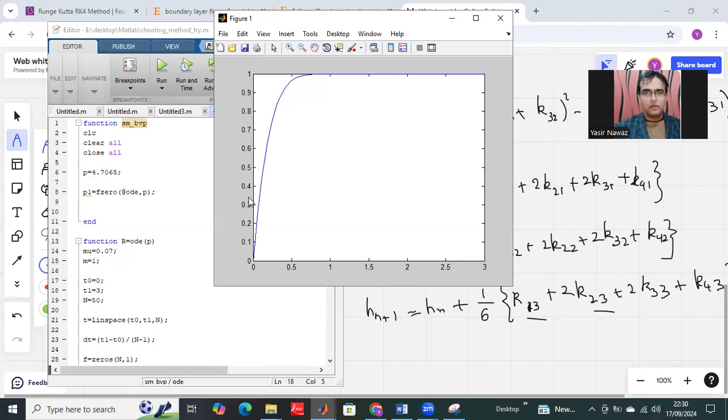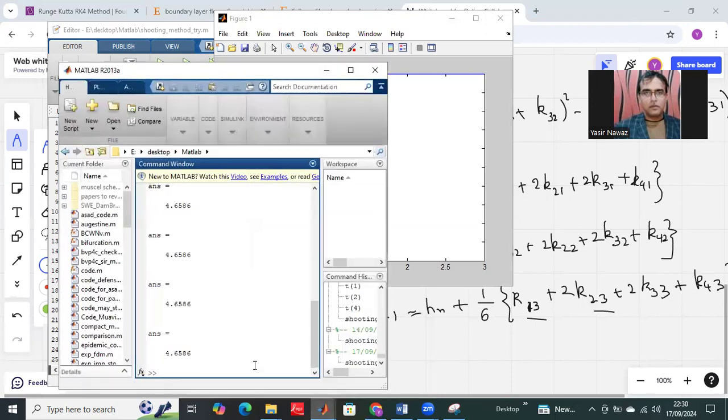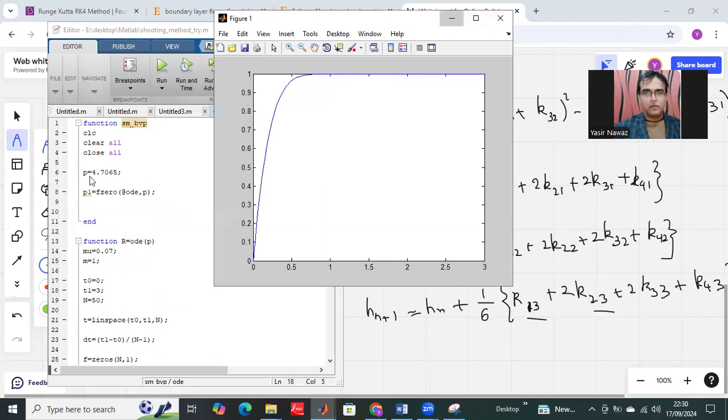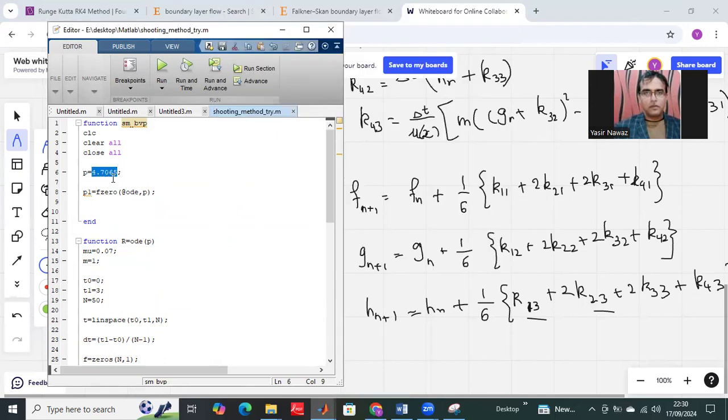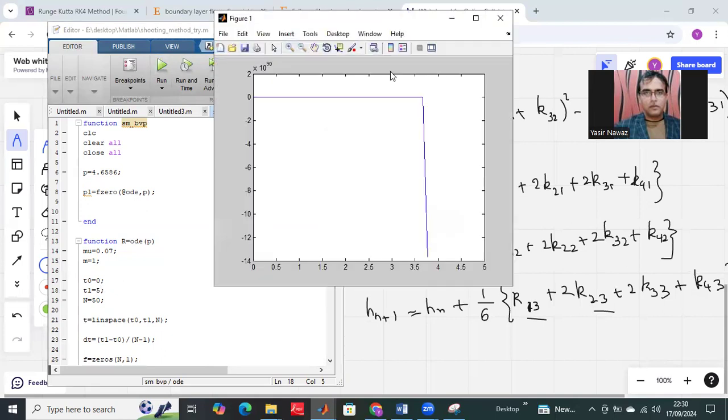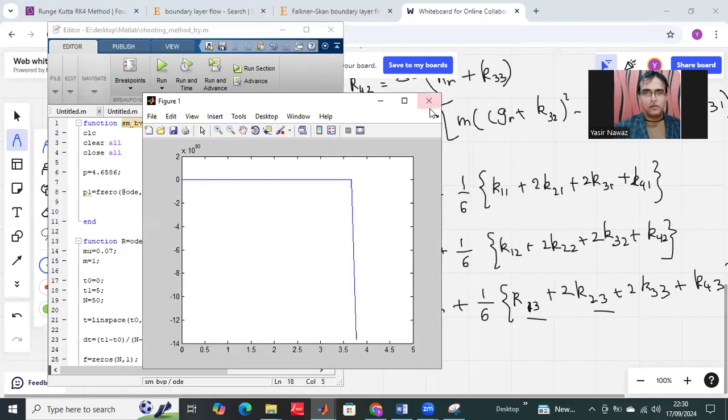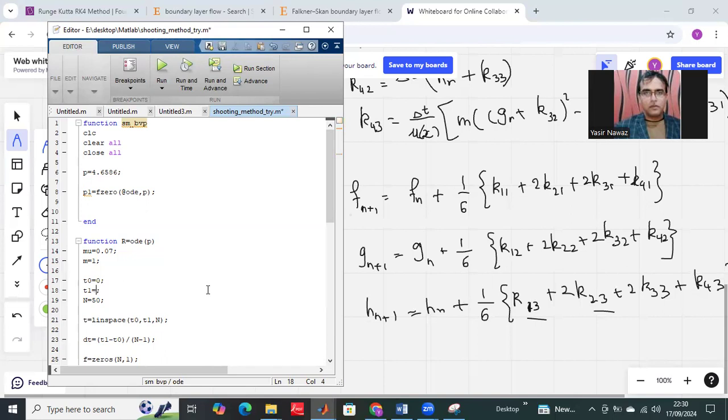So this is the solution. So this is the updated initial condition. First it was not working, and now it is working.